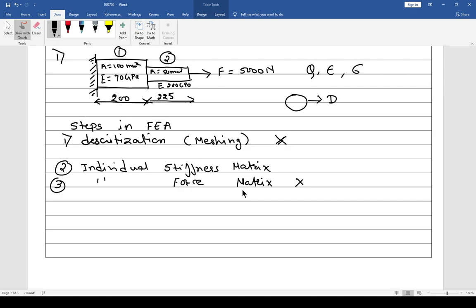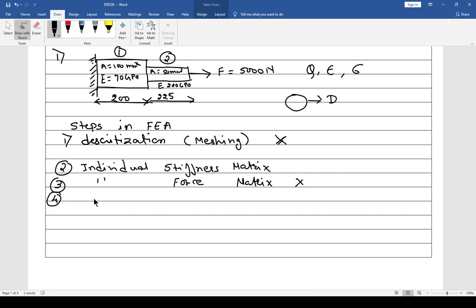We can directly prepare the global force matrix, since this is a simple problem. You can prepare it, but finally we know what we are going to get, so let's avoid this step. But when in the examination the question is asked, you have to write down all these points.